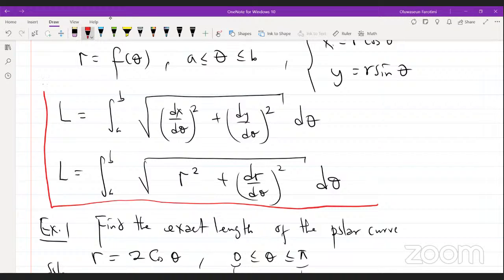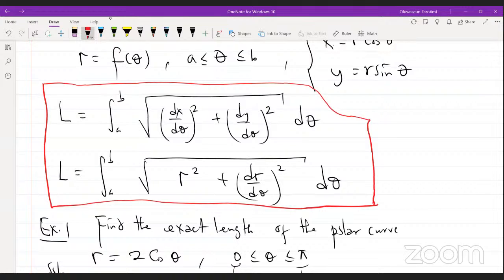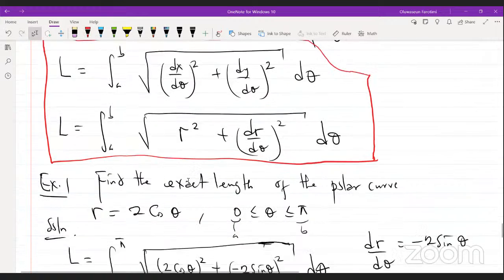I think this is the third time we're seeing arc length in this course. And the only thing we're tweaking is the content of the formula, but it's the same structure. Before, it used to be the square root of 1 plus dy dx squared. I can still derive that from this too.